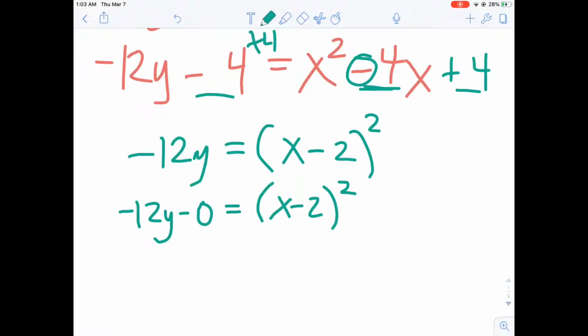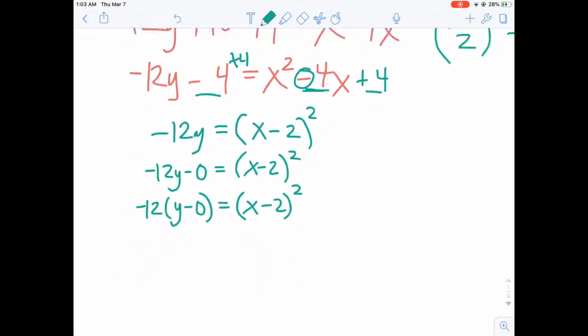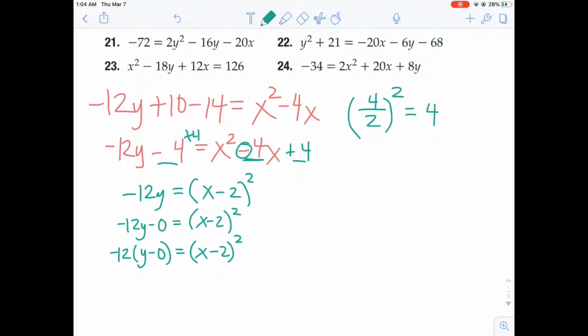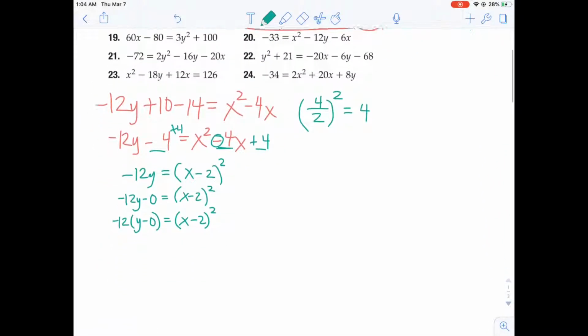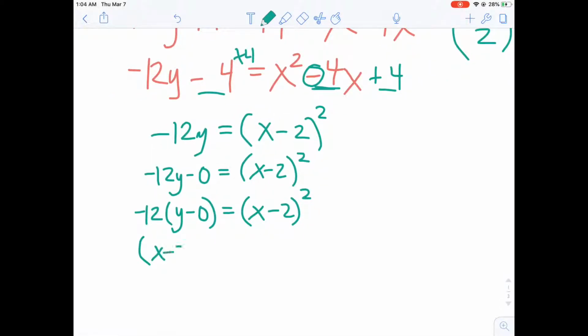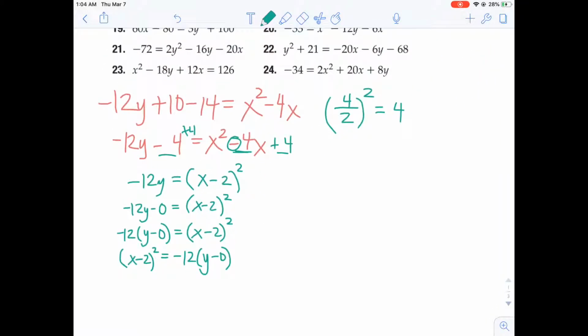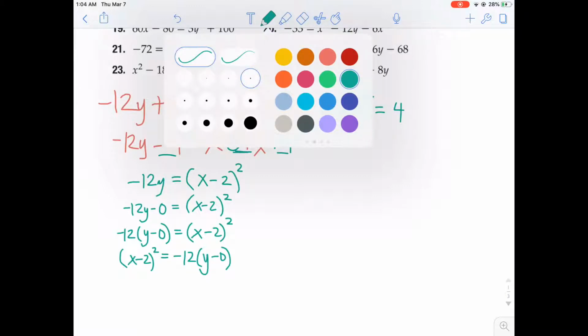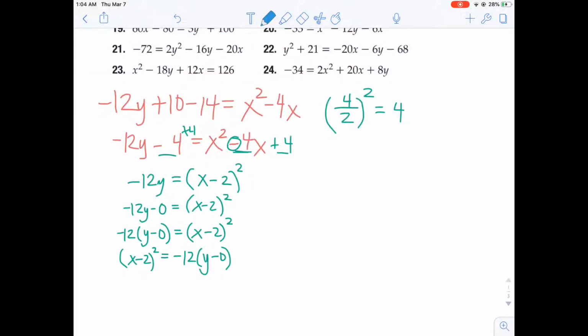And if we just factor out this negative 12, we're left with y minus 0 is equal to x minus 2 squared. If we want to get it exactly in the standard form, we would just switch the sides here. So this x minus 2 squared goes on the left, negative 12 times y minus 0 is on the right. And from here we can go ahead and find our h, k, and p.